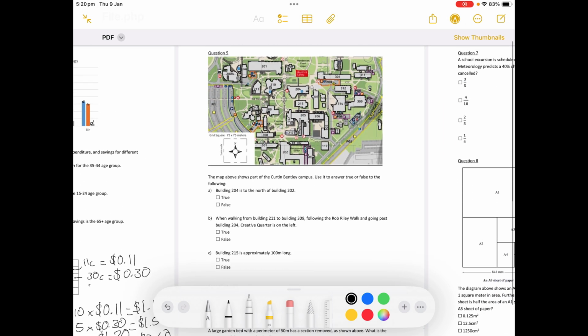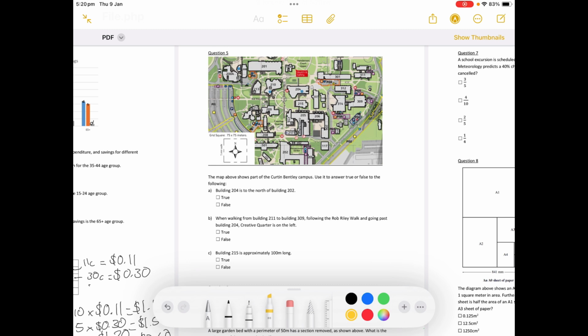Question number 5. Right. So question 5, we have a map of Curtin Bentley campus and we're answering true or false to the following questions. So I've been told building 204 is to the north of building 202, and I need to say, is that true or false? So first off, let's look for the buildings. Right.